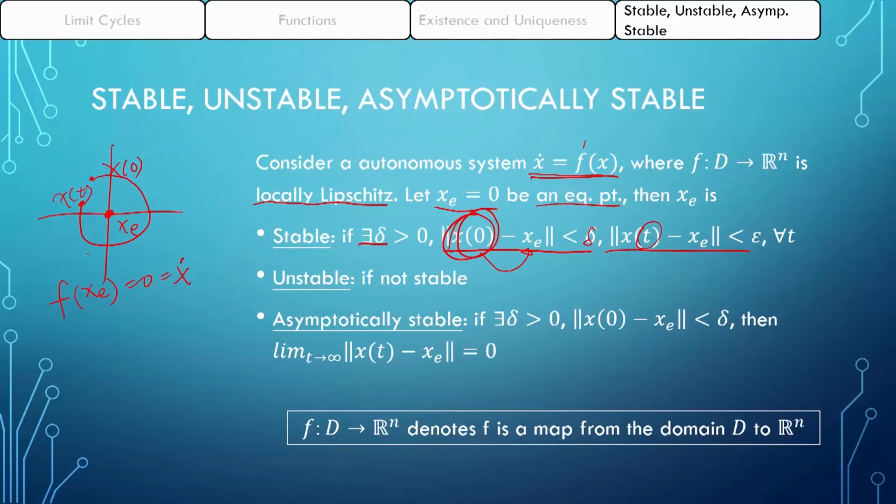After some time t, this distance is still bounded, smaller than epsilon. Then we call it stable.